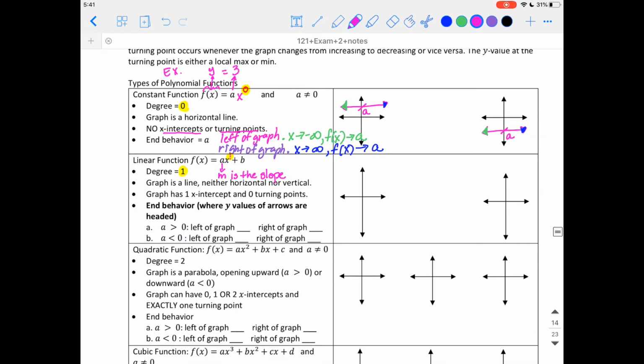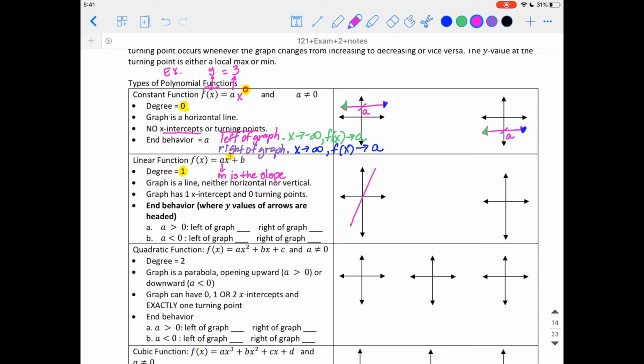Okay, so the graph is a line. It's not horizontal or vertical because, again, the a can't be 0. And then here, let's see, it has 1 x-intercept and 0 turning points. So we've done lines for a while now.